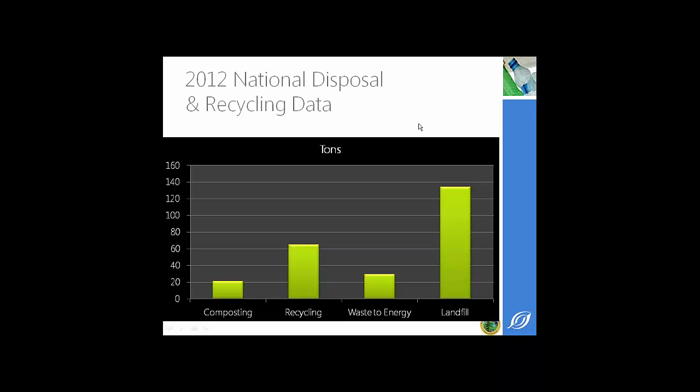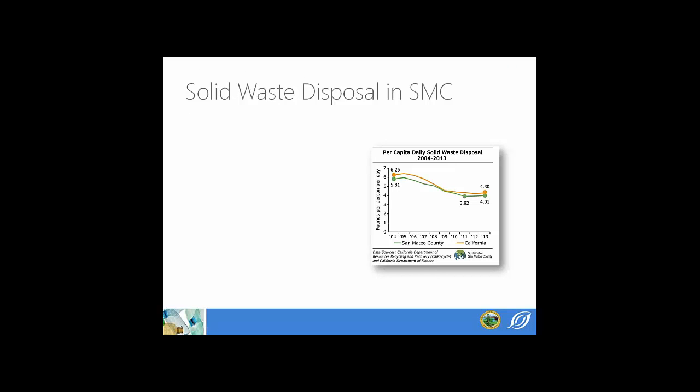All right, let's look at the next one. More locally in San Mateo County, the county per capita daily disposal in 2013 was 4.01 pounds, a slight increase in 2013 over the low point in 2010-2011 due to economic rebound, but overall it's a 31% decrease from 2004 when this tracking was done.